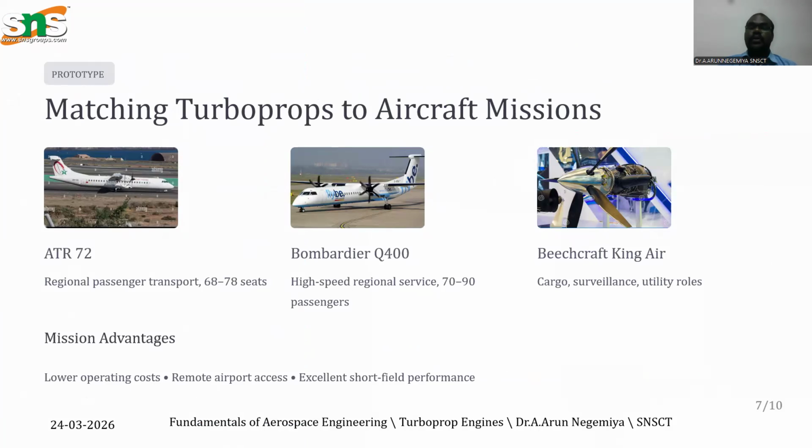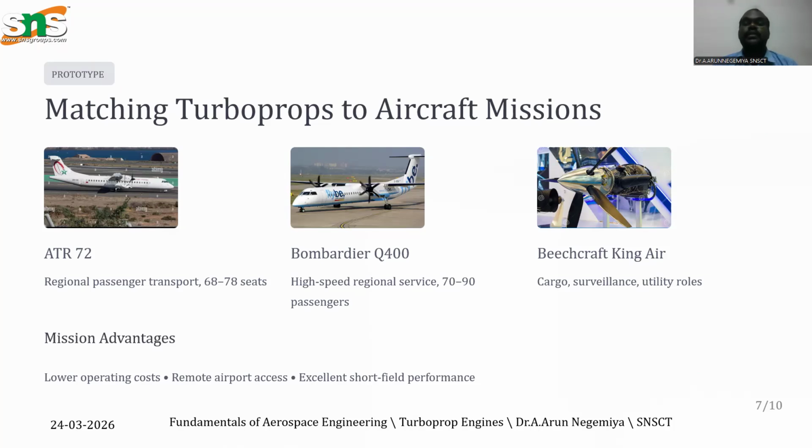Next one, in the prototype stages, is matching the turboprop to the aircraft mission. Here the turboprop engines are used for regional passenger transport. Around 68 to 70 passengers travel in the ATR 72 flight.